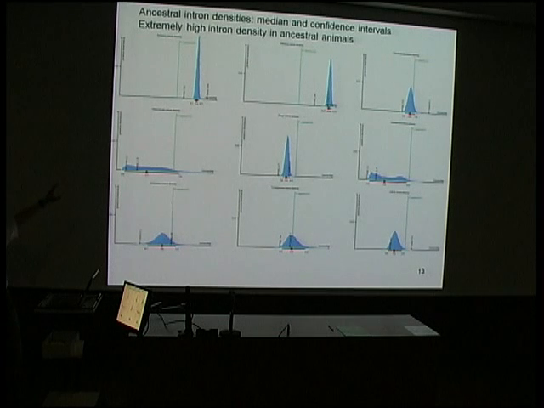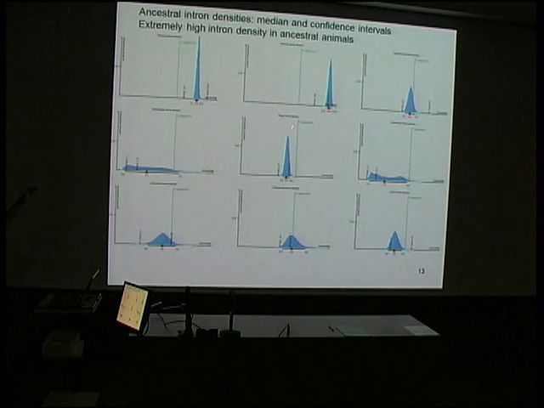So it just shows you the confidence intervals here, and it's interesting to see, in particular, the rather narrow, highly reliable confidence interval here for the last eukaryotic common ancestor, and also bring your attention to this panel.